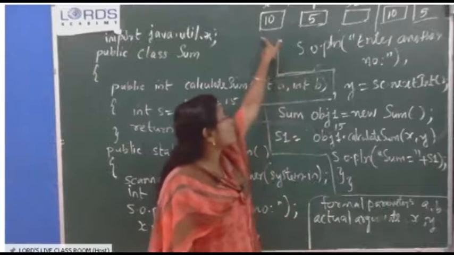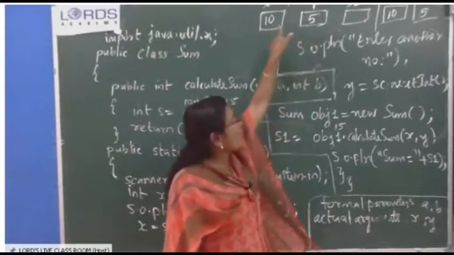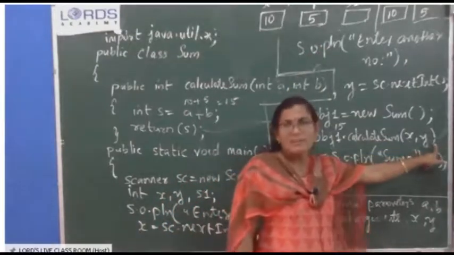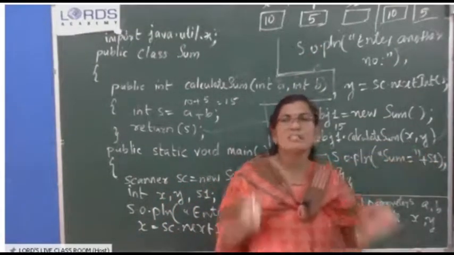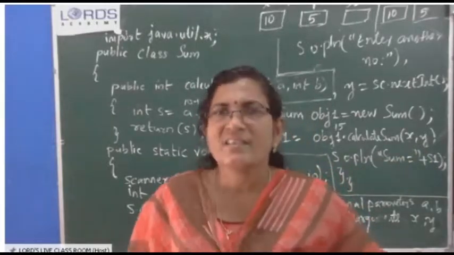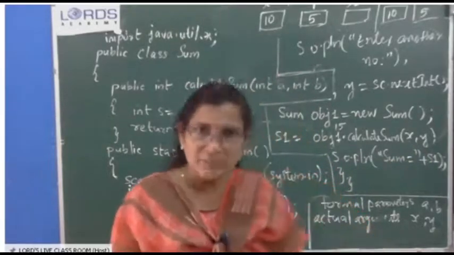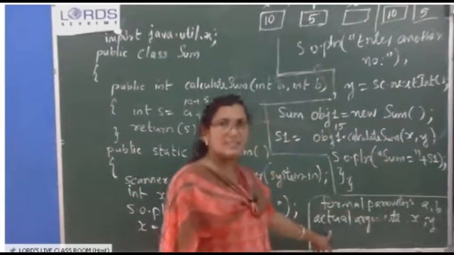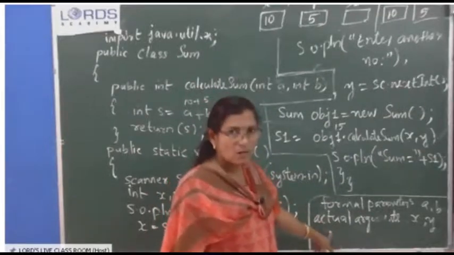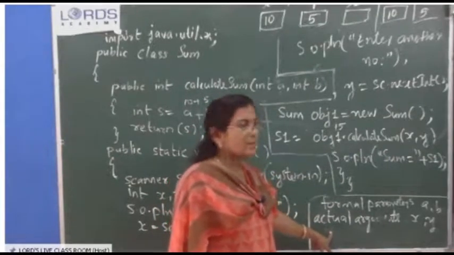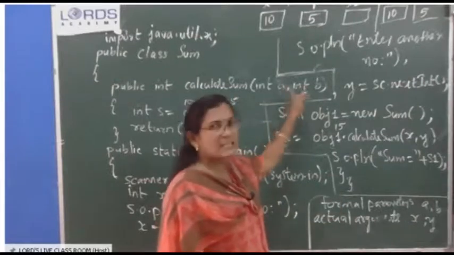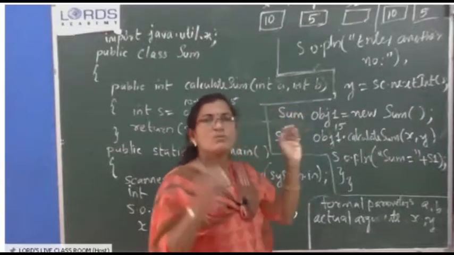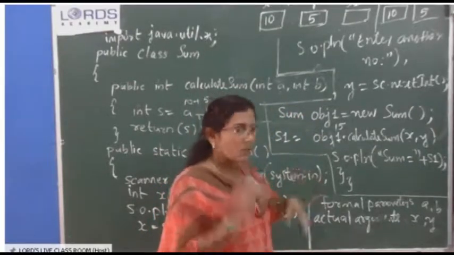Original values are stored in x and y, so x and y are used at the function call. The variables which contain the original values to be processed, which are used at the time of calling the function as parameters, are known as actual arguments. They contain the real value to be processed. The variables a and b are created in the memory only when this function is invoked, when your main function invokes this method.